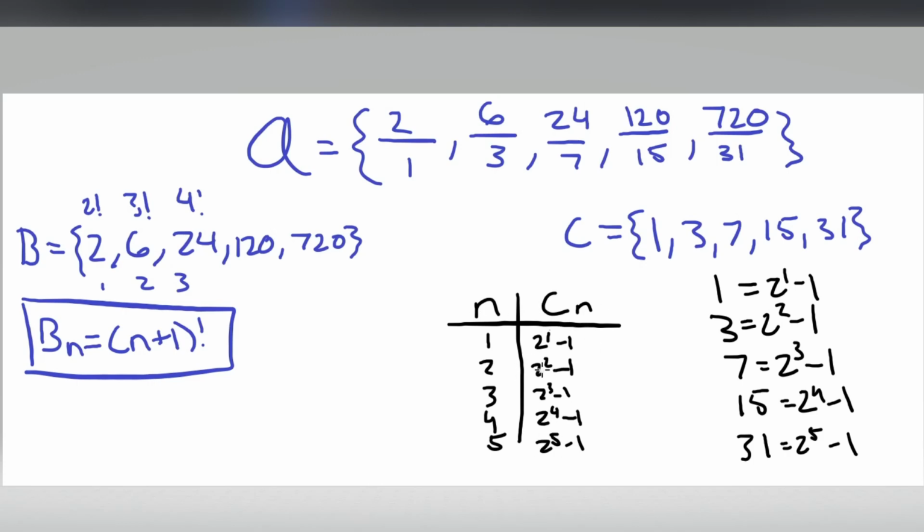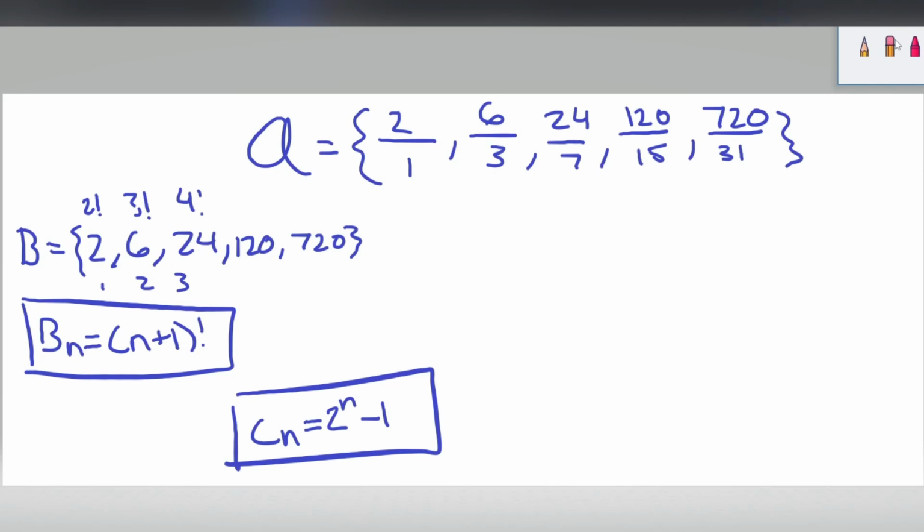And we can identify that the number changing here, which is just the exponent, 1, 2, 3, 4, 5, is the same as the number that changes here. So in this case, we know that C of n equals 2 to the power of n minus 1. Now we have our top and our bottom pattern.